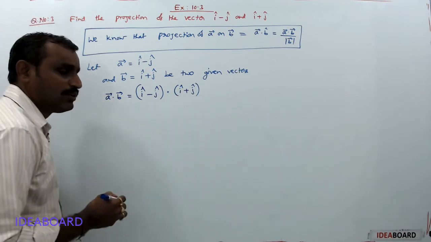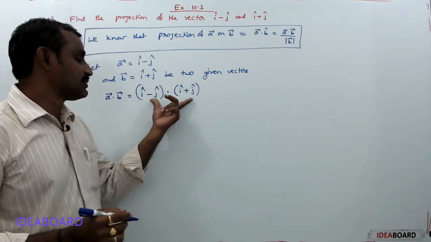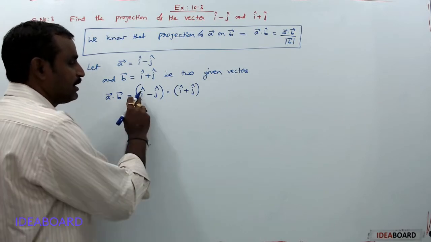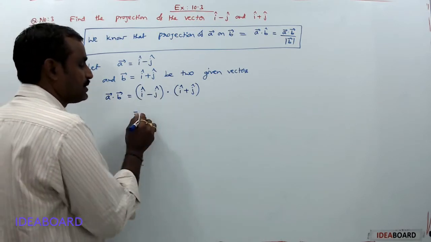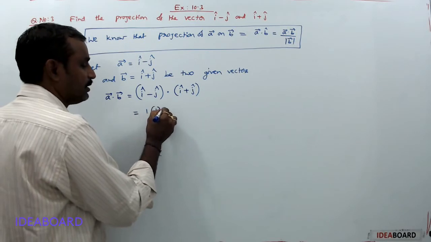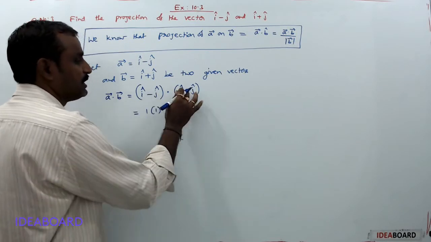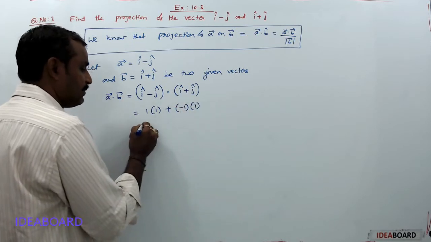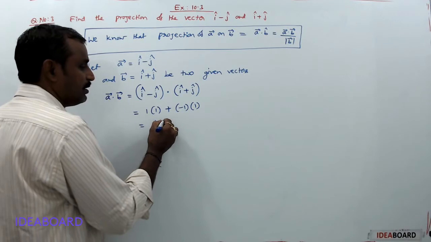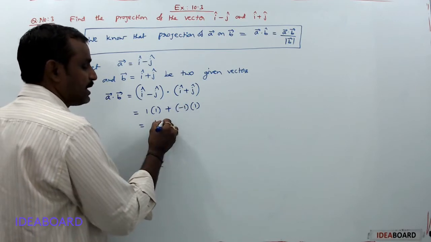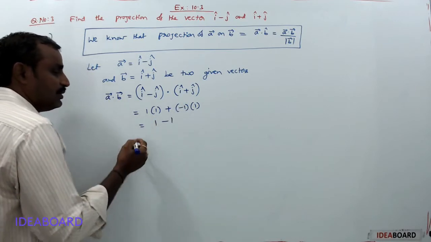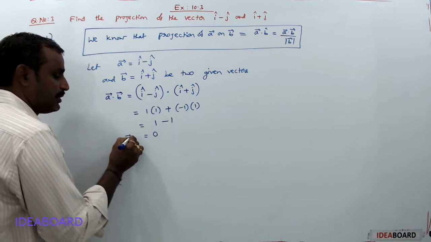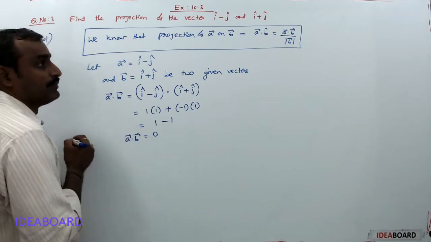So now we know how to take the dot product of two vectors: multiply the scalar components of the i coefficients, 1 into 1, plus the scalar components of the j coefficients, minus 1 into 1. So now you can simplify this. 1 ones are 1, minus 1 into 1 is minus 1. So this is equal to 1 minus 1, which becomes 0. So now a bar dot b bar value is equal to 0.